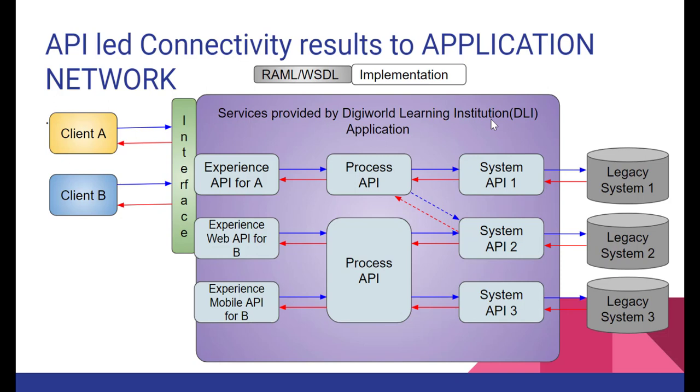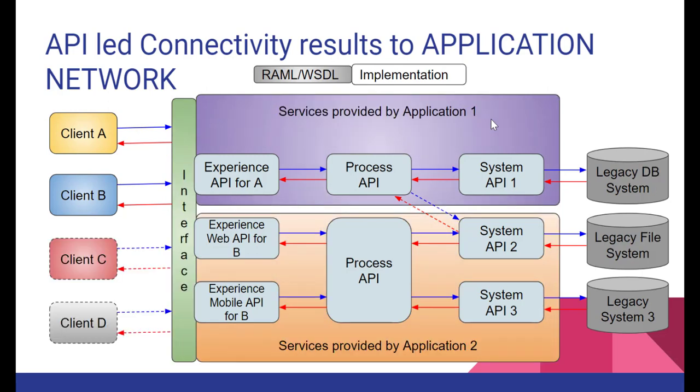The problem is, if someone is not aware that there is already an existing implementation, how can they know that we don't need to rebuild the same thing in our own programming language, right? That is the whole and sole purpose of building this API-led connectivity as well as the application network.